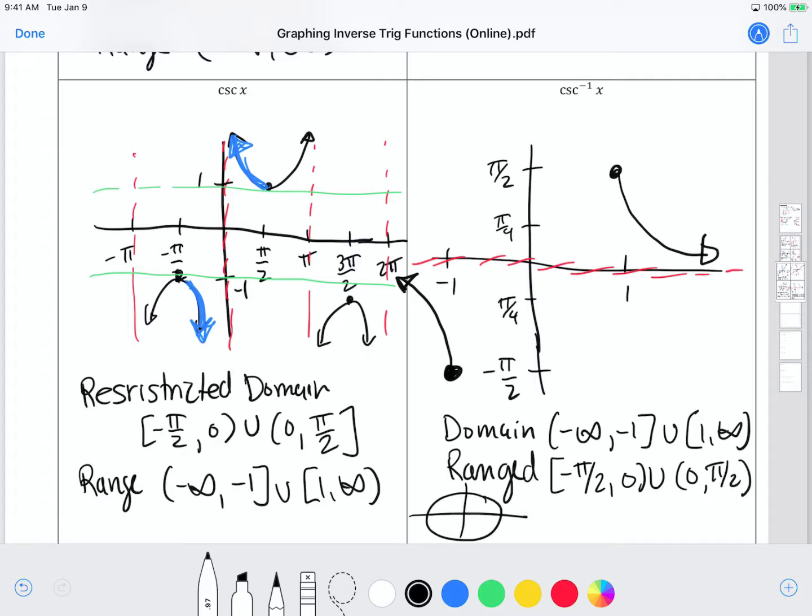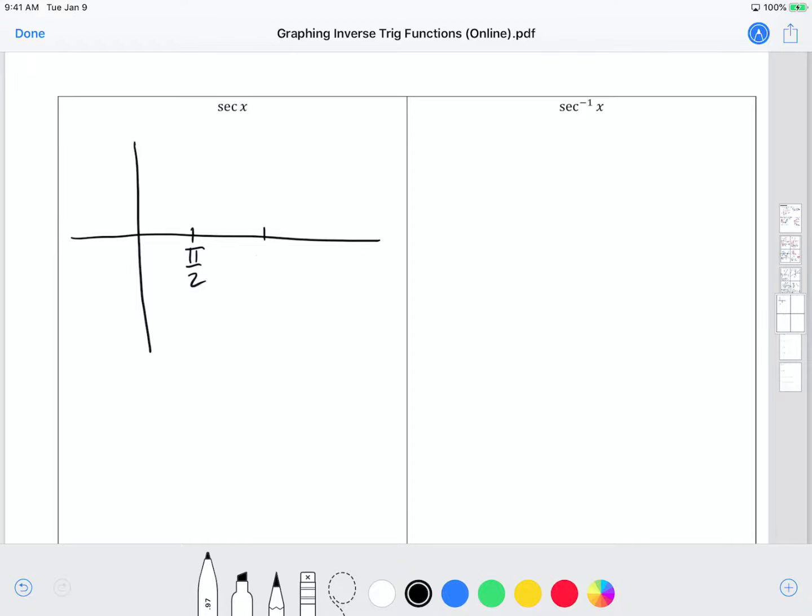For secant, our mother function looks like this. We're going to have asymptotes at pi/2 and 3 pi/2, and then -pi/2, and our function looks like this.